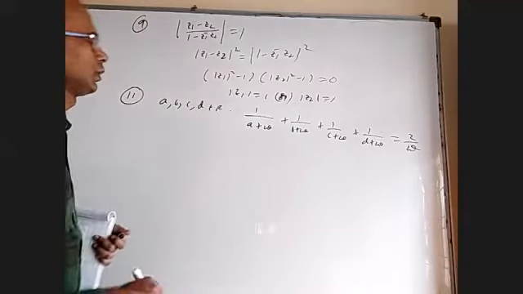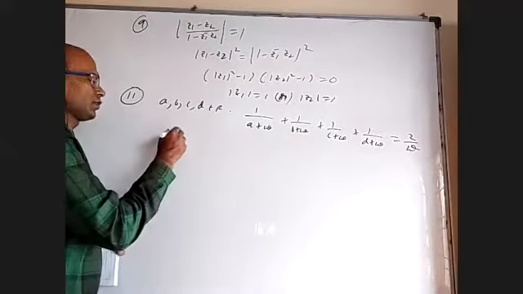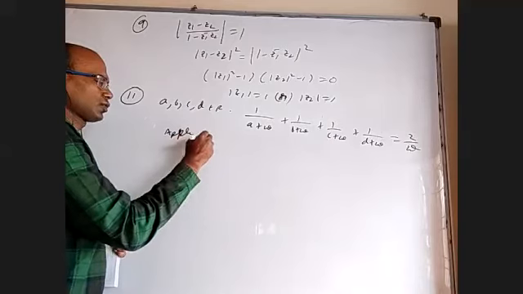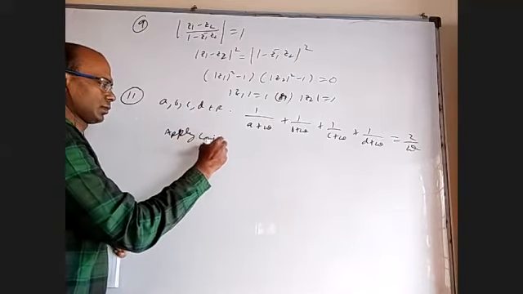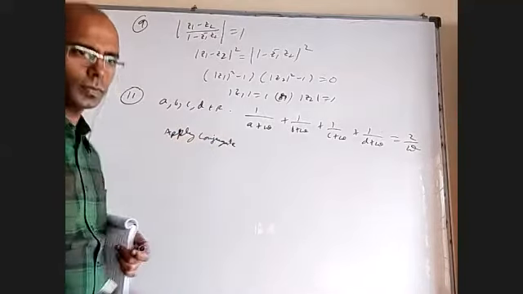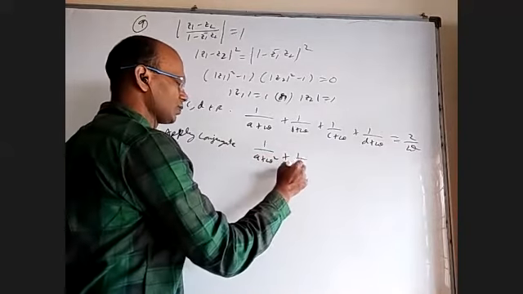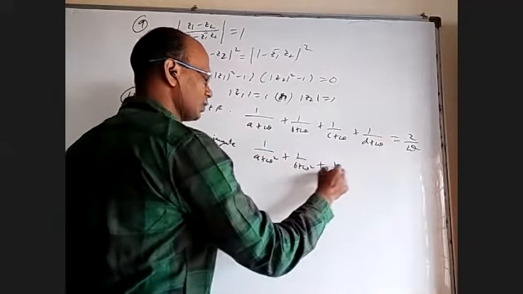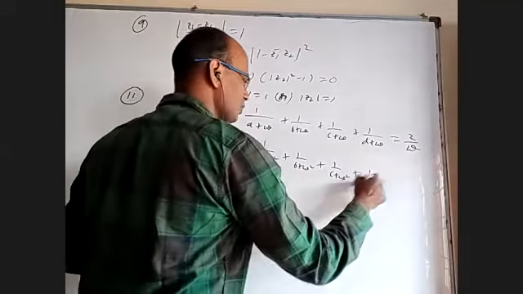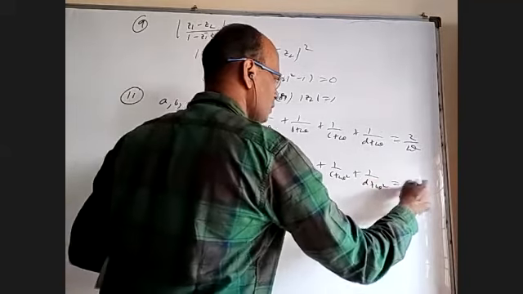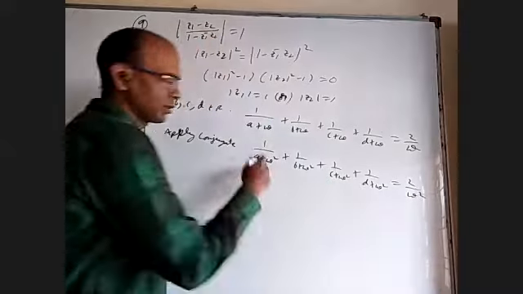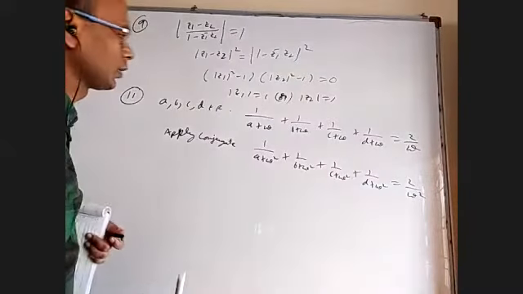Okay. You can apply conjugate everywhere. Then you will get 1 by (A plus omega square) plus 1 by (B plus omega square) plus 1 by (C plus omega square) plus 1 by (D plus omega square) is equal to 2 by omega square, because omega conjugate is omega square.